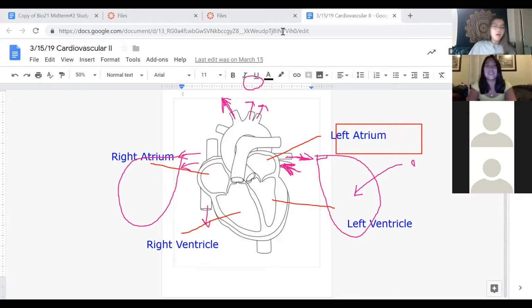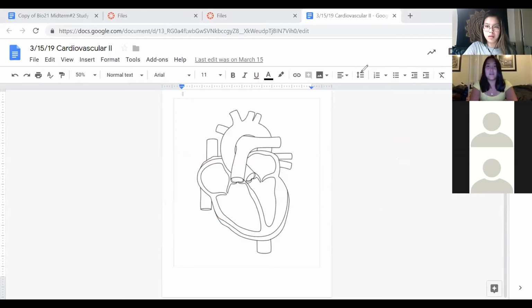Sorry, the left atrium is going to receive the oxygenated blood. And then the left ventricle is going to push the oxygenated blood to the rest of the body. If that makes sense. Okay, just wanted to make that clear.